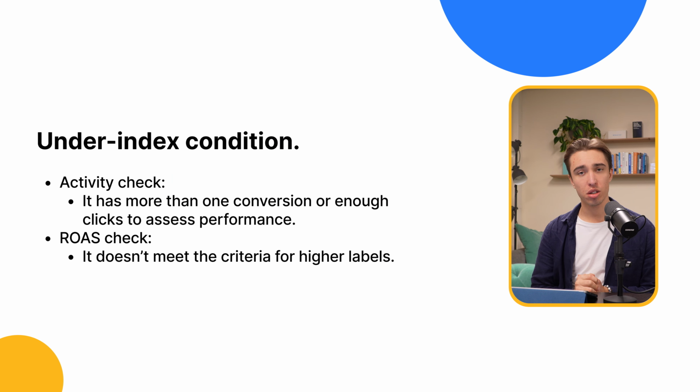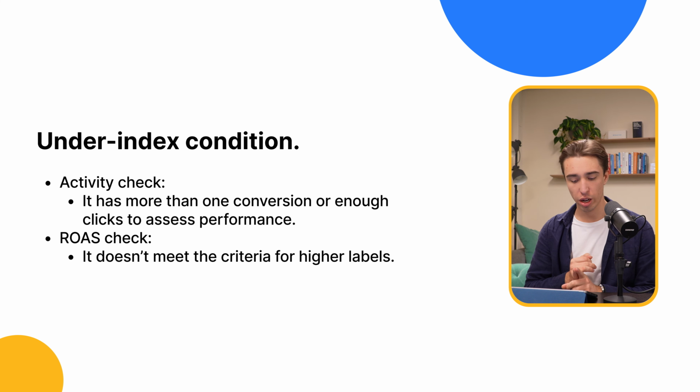Then we have the under index, and the condition for this one is that it has to have at least 1 conversion or enough clicks. So it can be a product that has 1 conversion or a lot of clicks, and it has to have a low ROAS. The under index products are mostly the products that are quite expensive, have not been performing well, and you want to limit the budget to this index group.